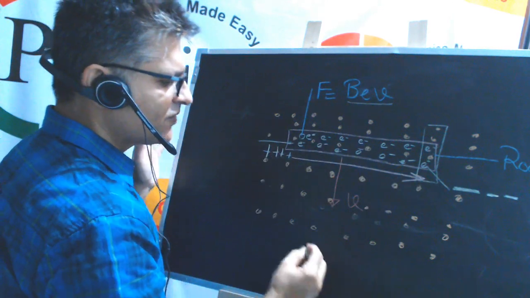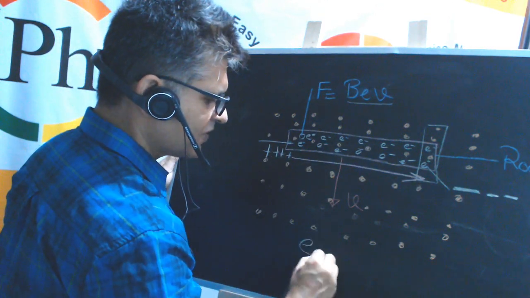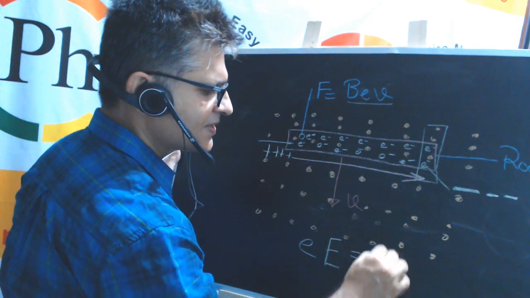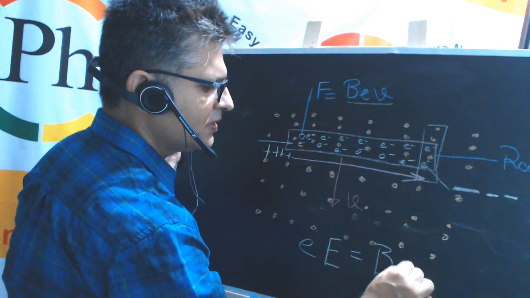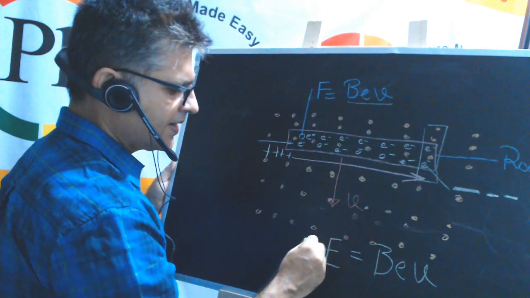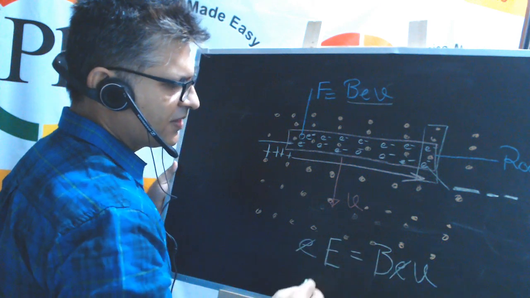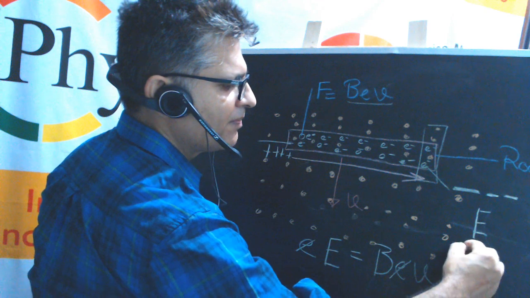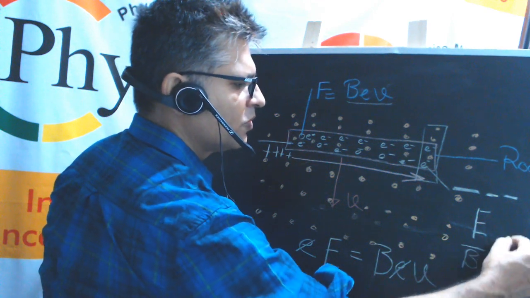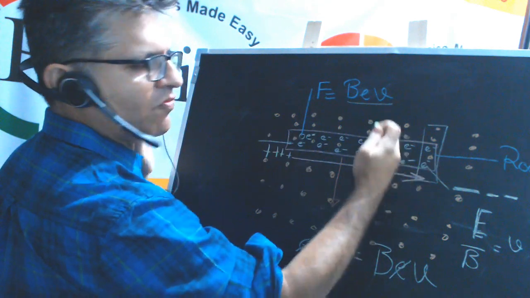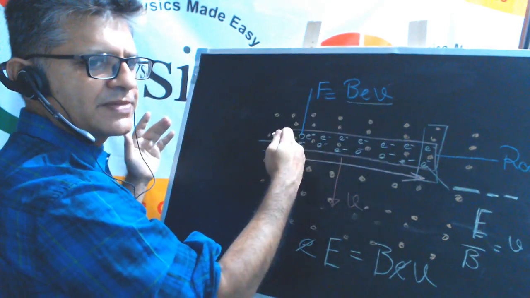At that point, the electric force, which is eE, cancels BeV, the magnetic force due to motion, and therefore E by B is equal to velocity. At this stage, this side of the rod has become negative and this side is positive.